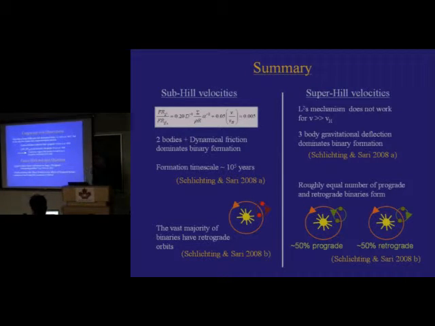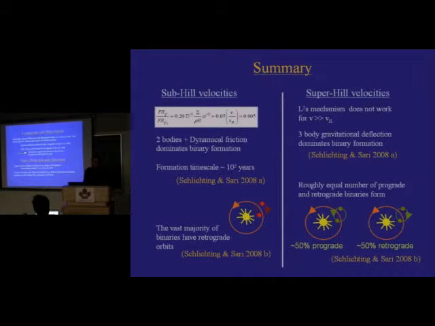The nice thing is that this is something that we'll be able to test with observations within the next few years. We don't really have a good sample for which we can test it yet, because although we have around a dozen or so binary systems with well-determined orbits, the solutions we have are degenerate with respect to the prograde and retrograde solution.